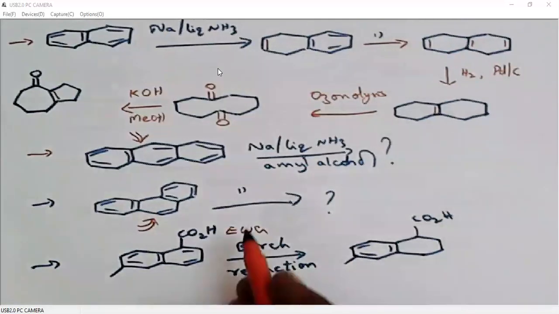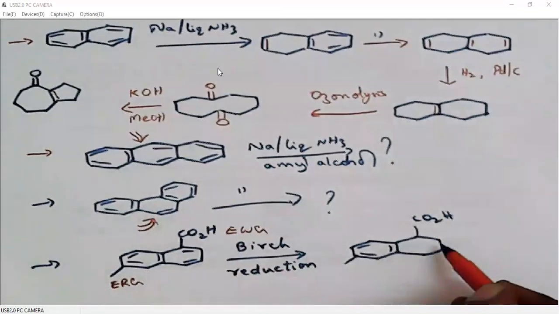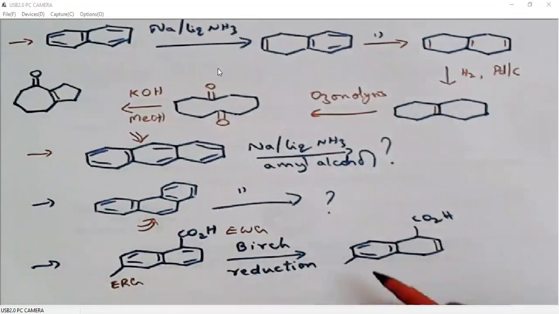So here it is an electron withdrawing group, and it is an electron releasing group. The substituted naphthalene preferentially undergoes reduction where the electron withdrawing groups are present.